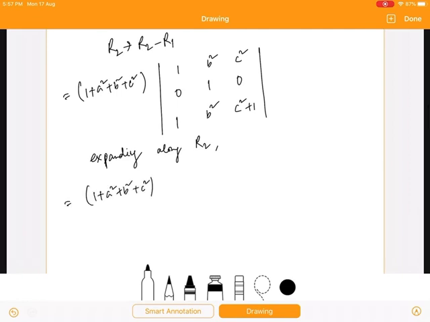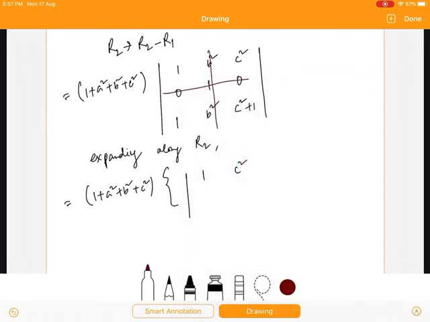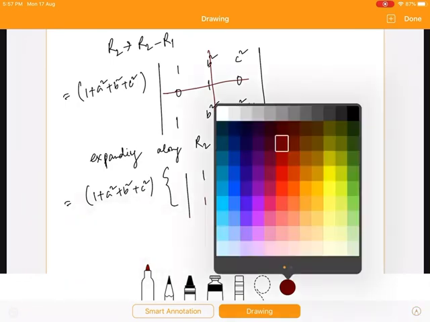If I expand along R2, we get 1 plus A square plus B square plus C square. This one element will be positive, so I get 1 first, then C square, C square plus 1.